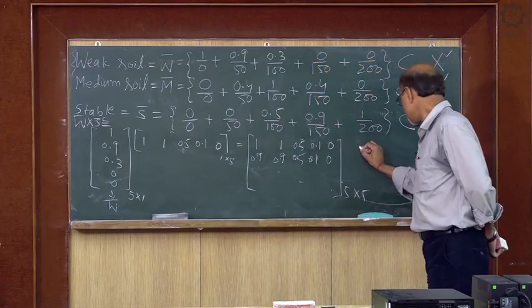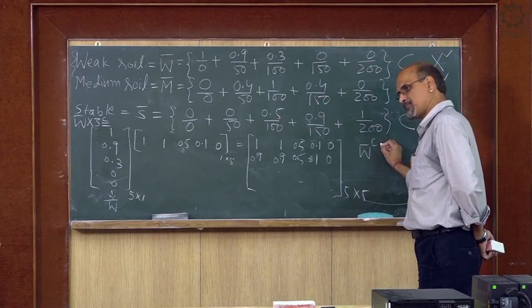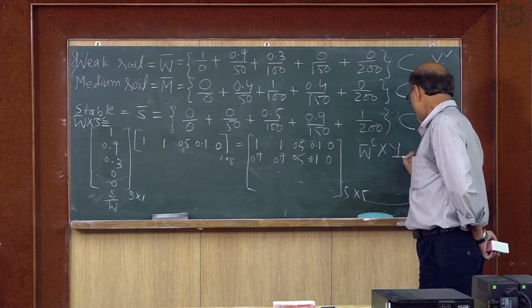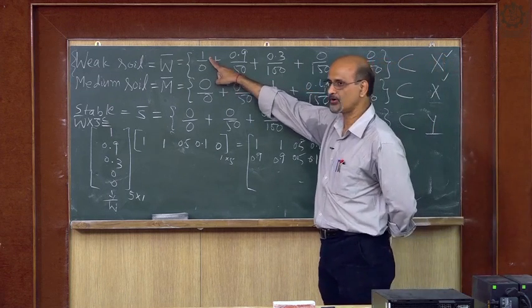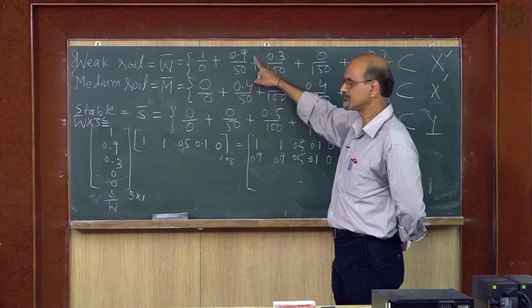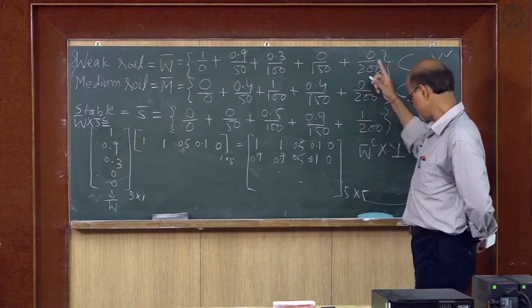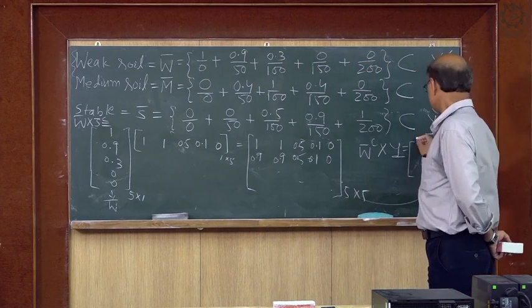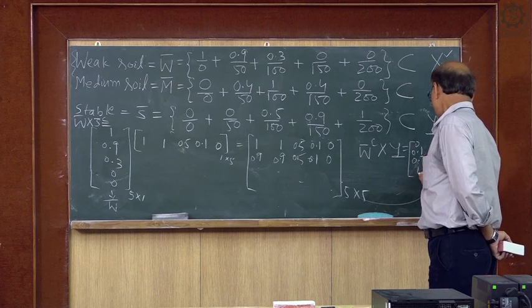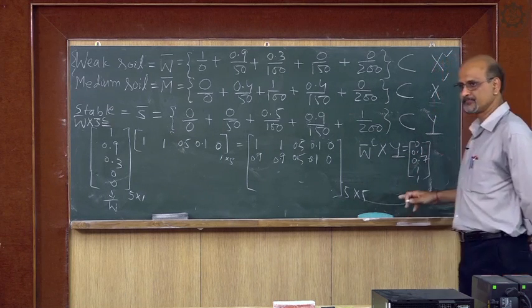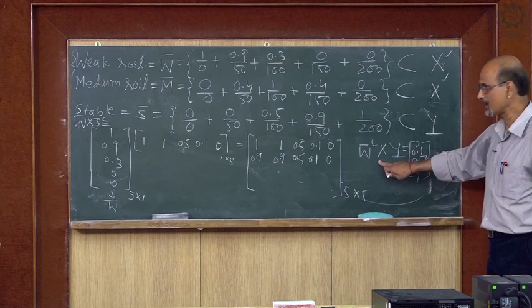W bar complement will be 0, 0.1, 0.7, 1, 1 in the row. Okay? This is your W bar complement, and Y is what?